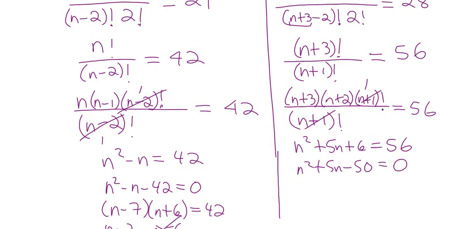Okay, two numbers that multiply to 50 and differ by 5. Double check. N squared minus 5n plus 10n will be plus 5n minus 50. N equals negative 10. Show it and then get rid of it.